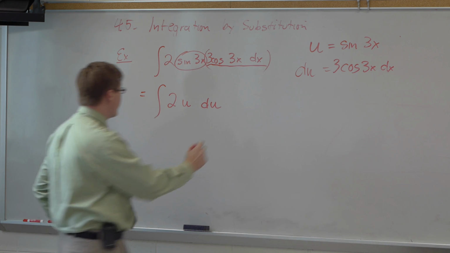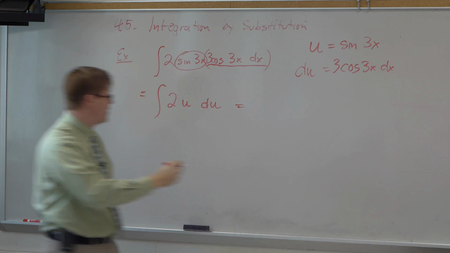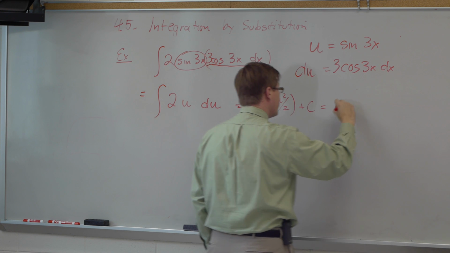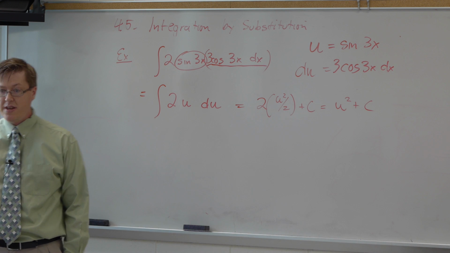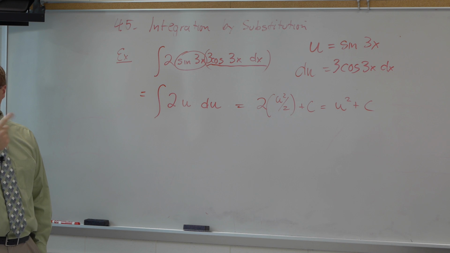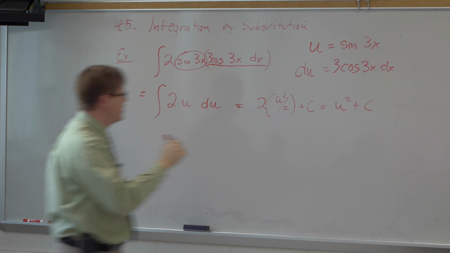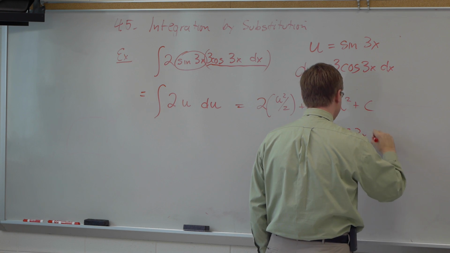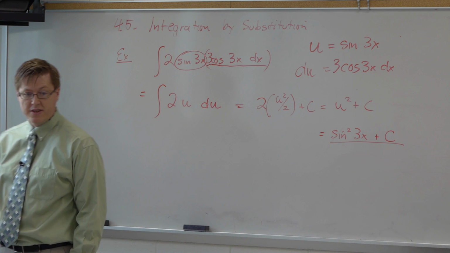Okay, well this I can integrate because the integral of u is just u squared over 2. So it ends up just being u squared plus c because the 2's cancel out. And then for my final step, I'll plug the x back in. So this is really sine squared 3x plus c, which is where we started this lesson.